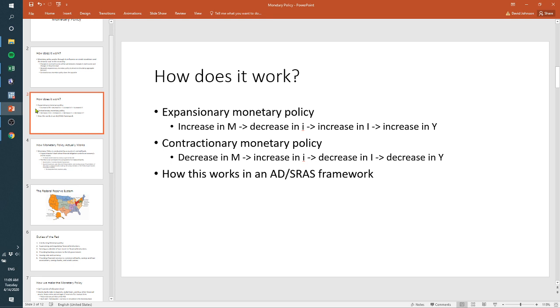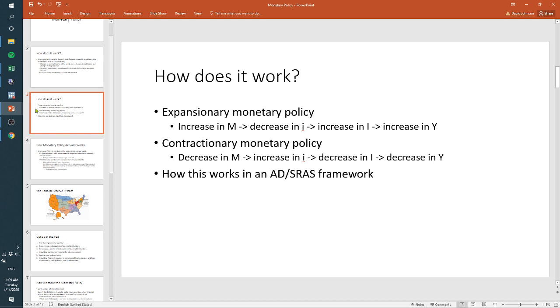By increasing the money supply, you decrease the interest rate. That increases investment, and because investment is going up, that means GDP is going to end up going up, at least temporarily. The second type of policy, contractionary monetary policy, works in the opposite direction.